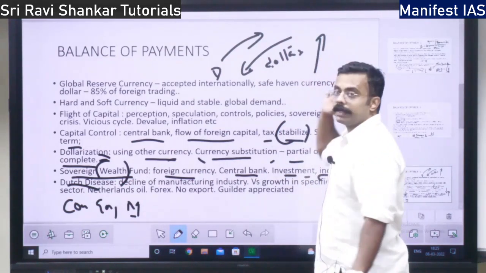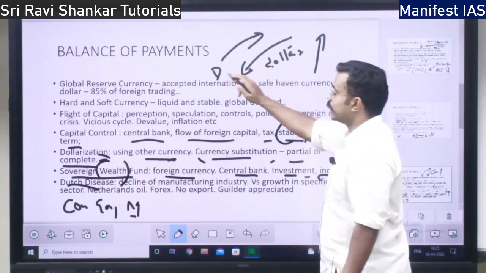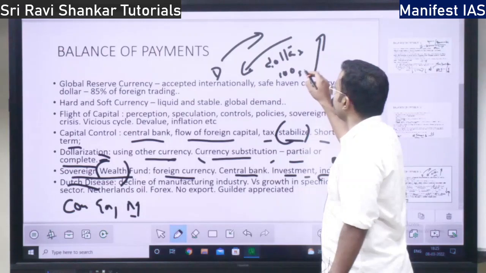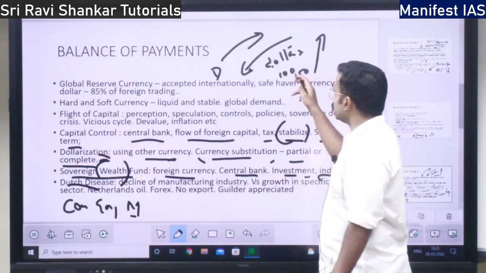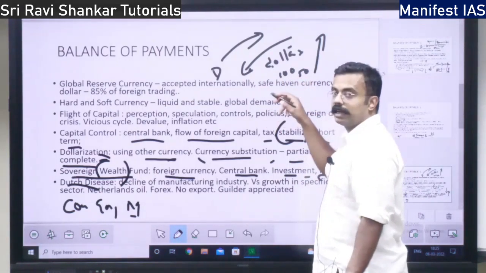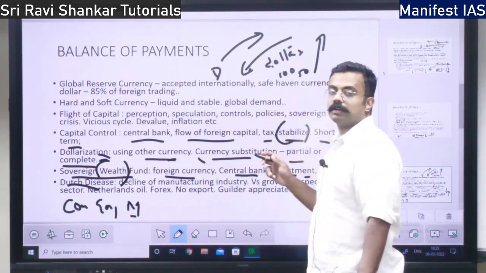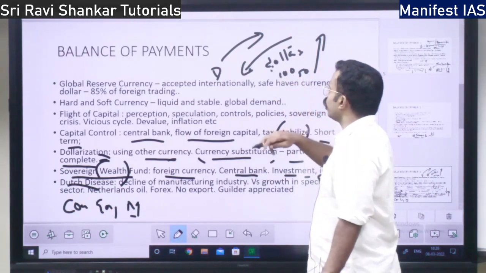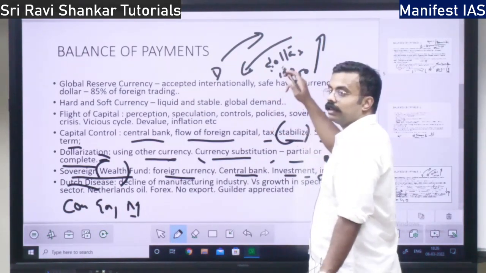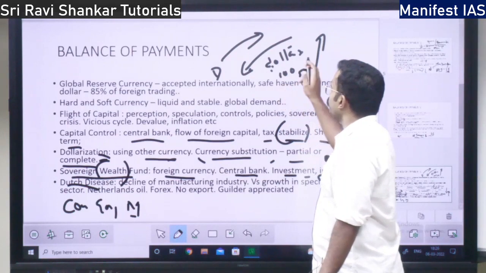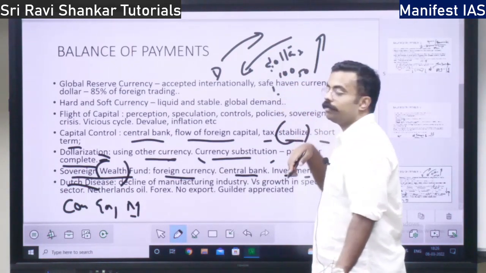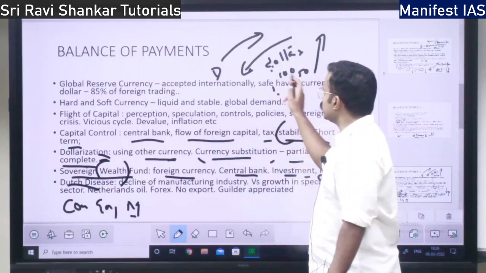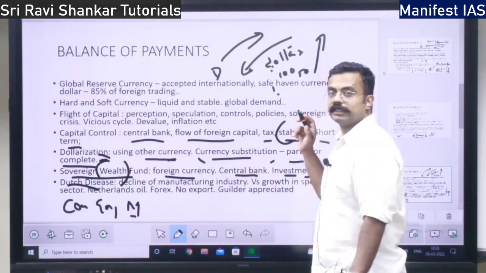When the currency price appreciates, earlier, let's say, Netherlands currency for $1 was 100 rupees. Now it is 50 rupees. So earlier, let's say, apart from oil, the Dutch was exporting, let's say, what? Chocolates. So earlier, by giving $1, let's say one chocolate is 100 rupees, the importer was getting one chocolate. Now, when the currency appreciates, $1 is 50 rupees because more foreign currency is coming.